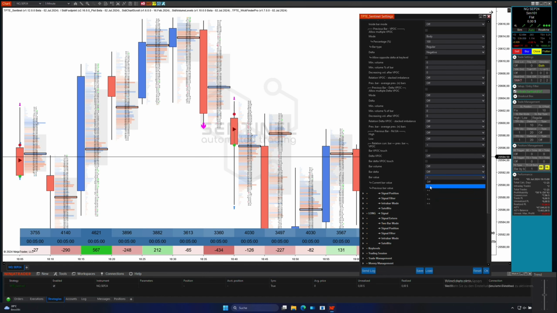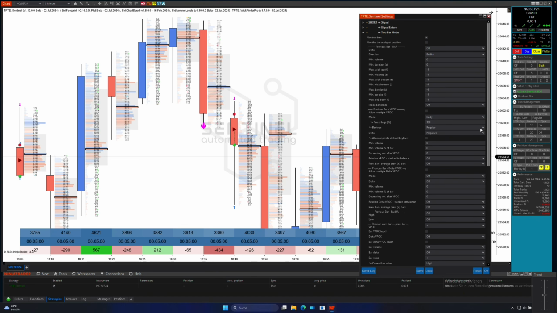Then I would go to smaller and say here high to high. Then I say that the high here must not be bigger, so it must be smaller in this case than this one. So it was no longer exceeded, and then that would be determined. That's what these settings are for. And as you can see, I can configure a lot here alone in this area for this Two Bar mode.